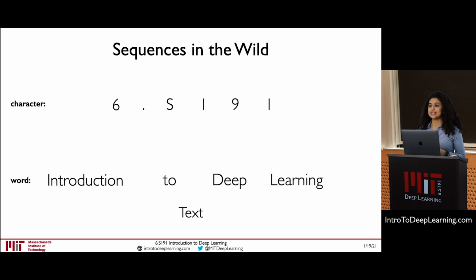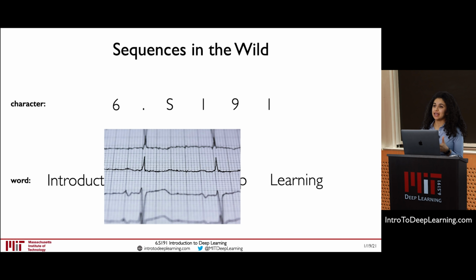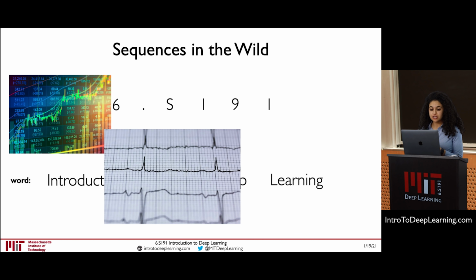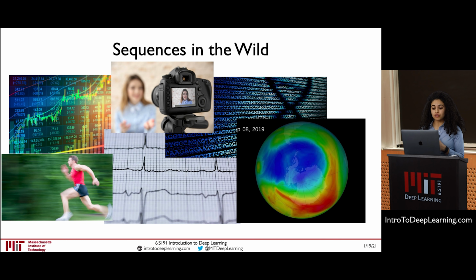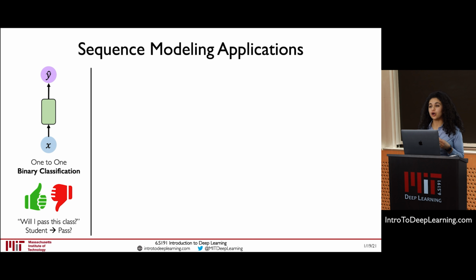Now, beyond these two examples, there are many more cases in which sequential processing can be useful, from medical signals to EKGs, to prediction of stock prices, to genomic or genetic data, and beyond. So now that we've gotten a sense of what sequential data looks like, let's think about some concrete applications in which sequence modeling plays out in the real world.